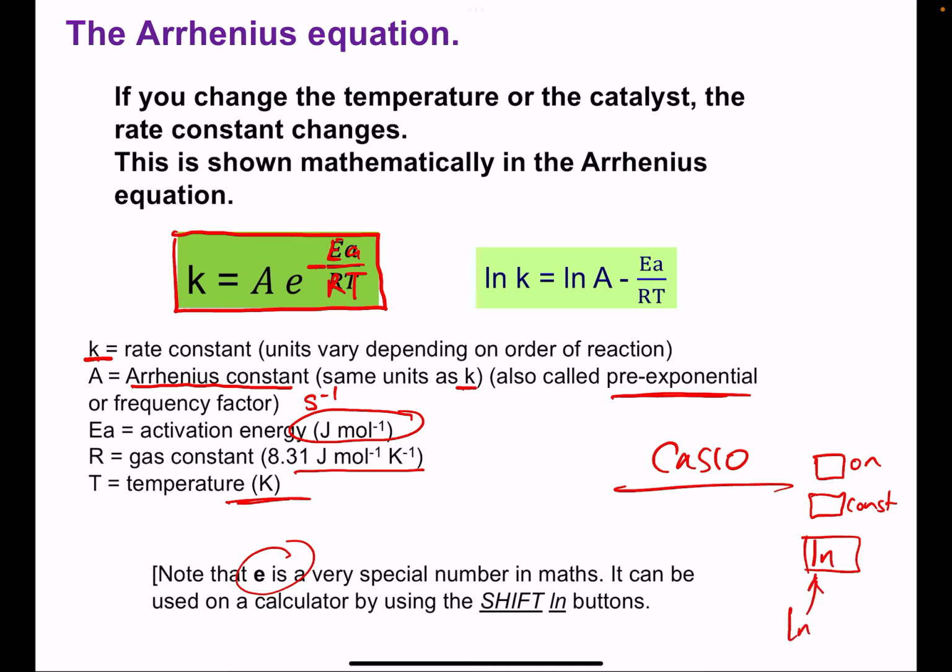On top of that, in orange, you will see e to the power of x. So if I press the shift button on my calculator and press shift LN, I will see the letter e appearing. So that's how we use this on the calculator.